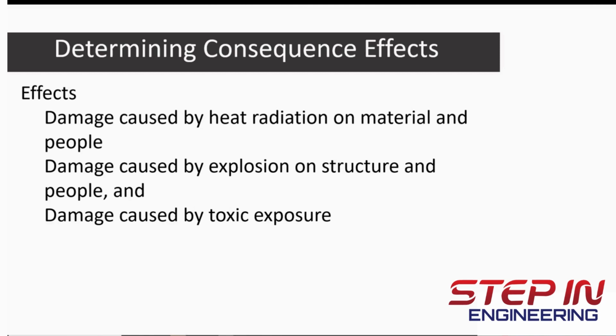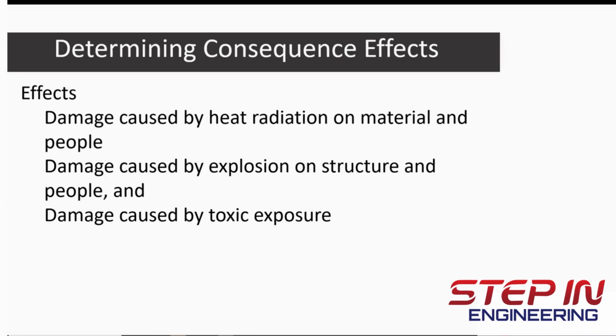You got my point? For assessing the heat radiations, we will be defining what kind of heat radiation: whether 4 kilowatt per meter square, or 12.5, or 37.5, what kind of radiation will give what kind of impact. That's what we will be finding in the consequence analysis.